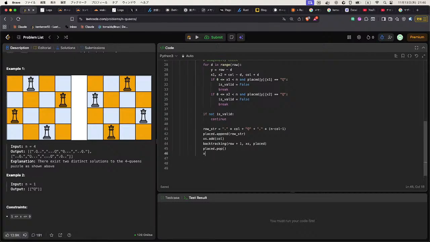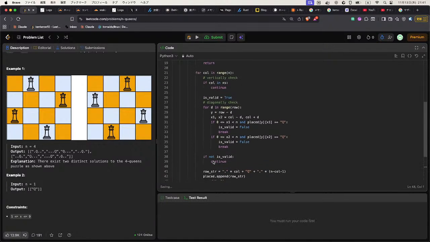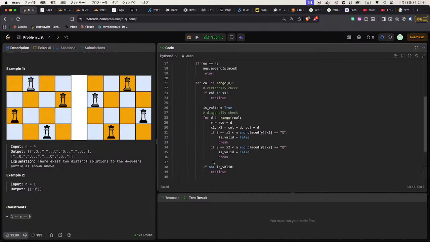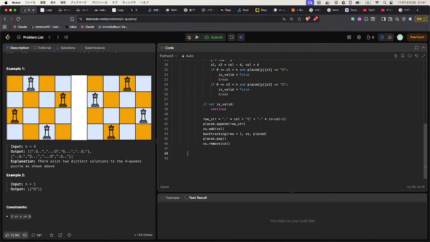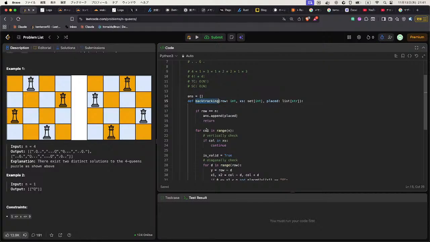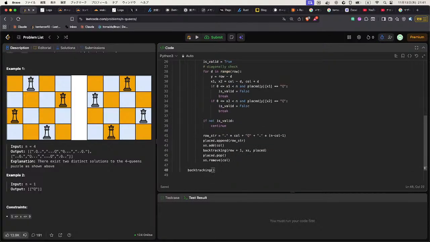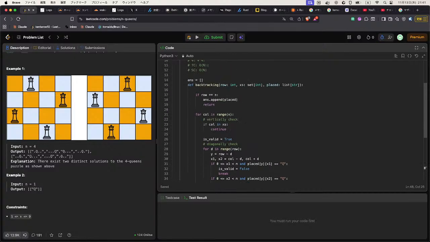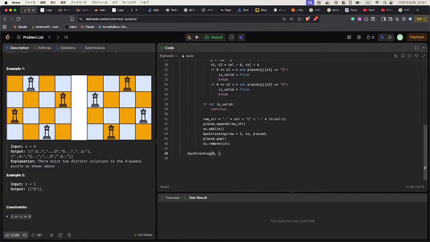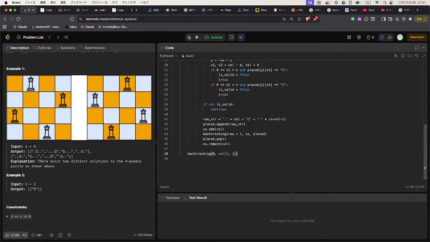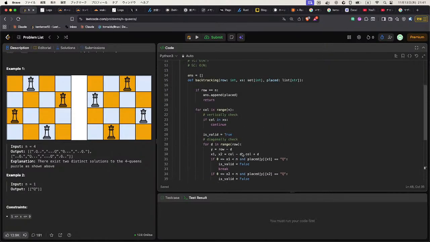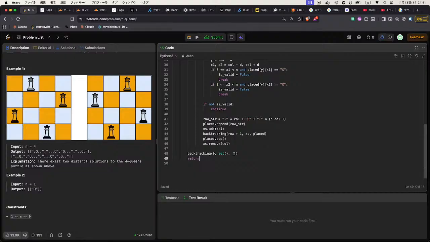Here is a backtracking. Remove column. Yeah. Zero. Set the empty list. Returns.